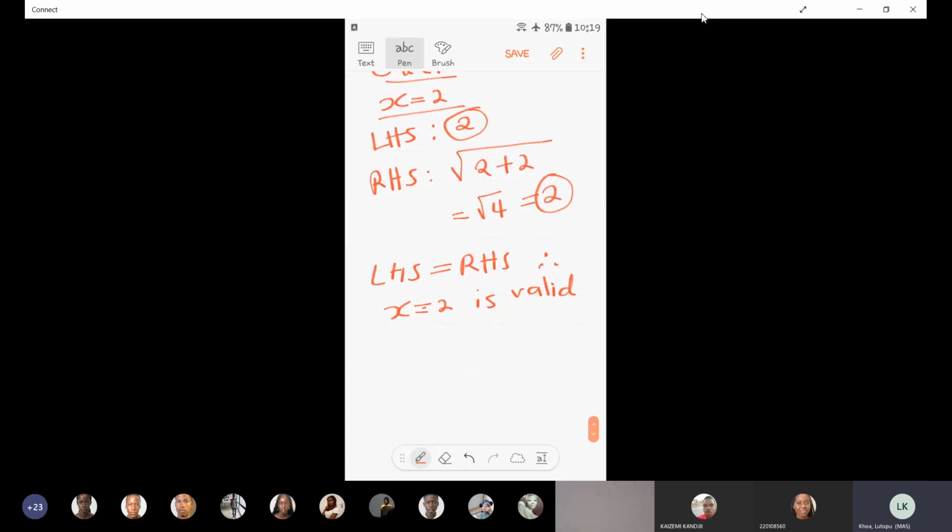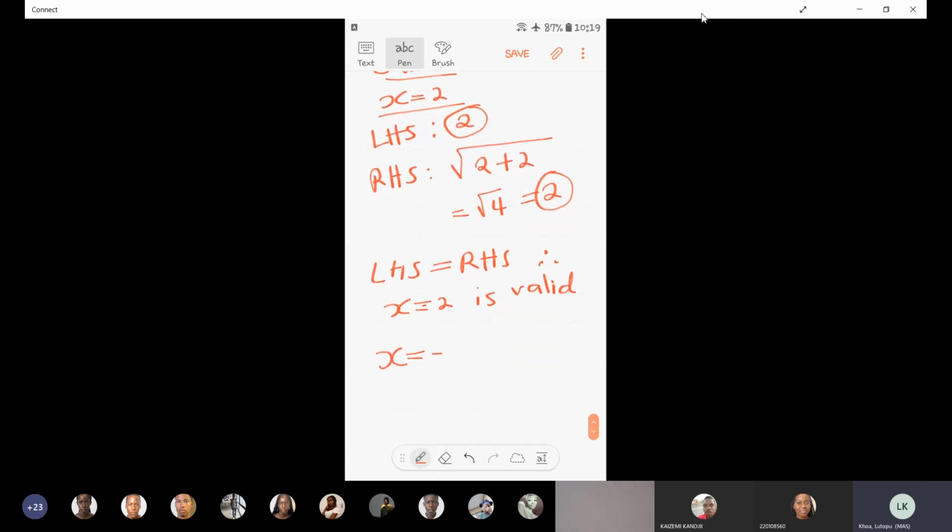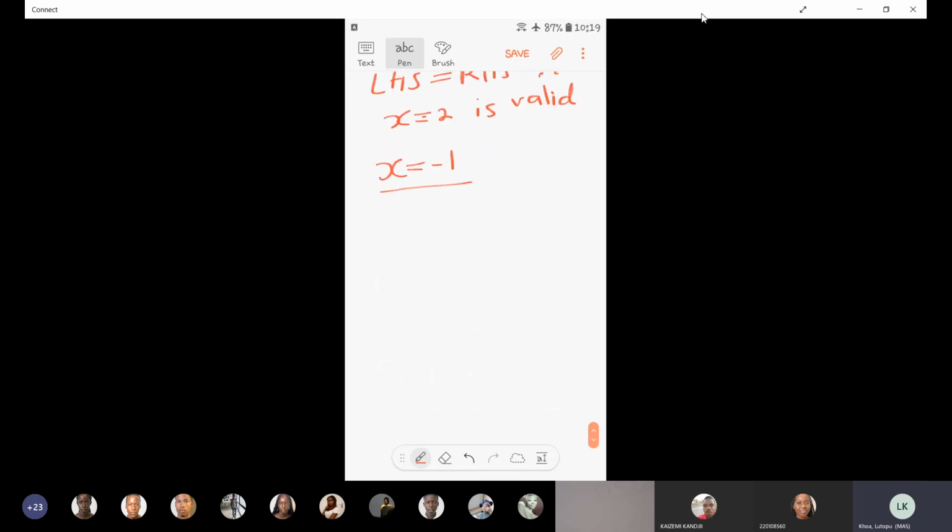And then I try with x is equal to minus 1. On the left hand side I have x, so I will just have minus 1. And then on the right hand side I have the square root of x plus 2.